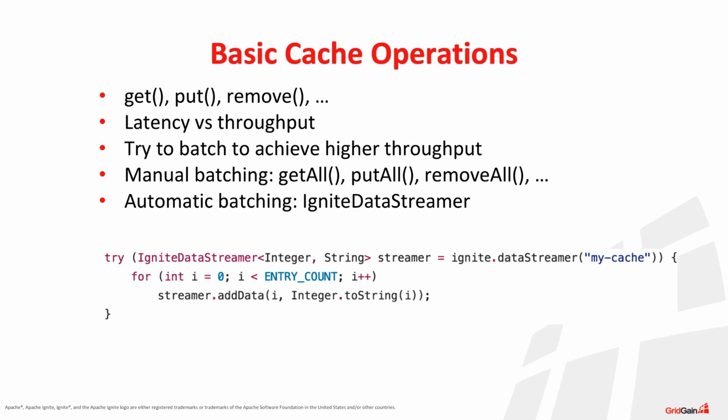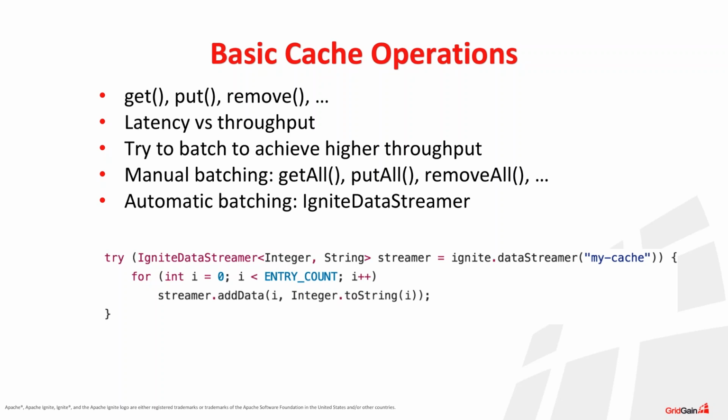When you add more nodes to your cluster, you split the load across these nodes, and since the number of operations executed concurrently on each node decreases, you get lower latency.